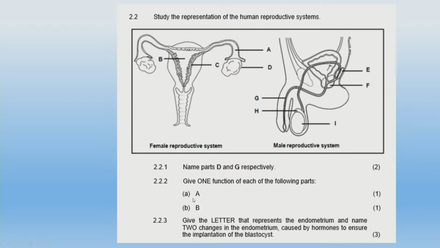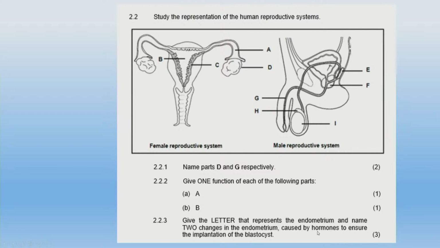The next question, question 2.2.3: give the letter that represents the endometrium and name the 2 changes in the endometrium. Let us go back to our diagrams. The letter that represents the endometrium from our diagrams will be letter number C. Our question continues like this: name the two changes in the endometrium caused by hormones.